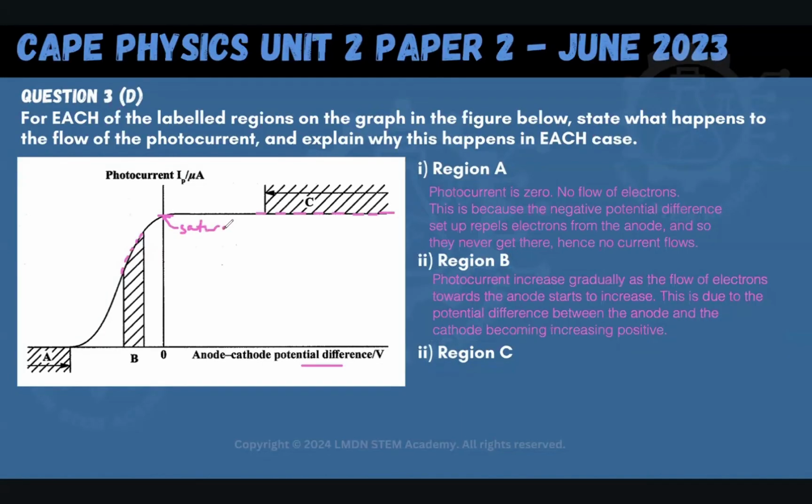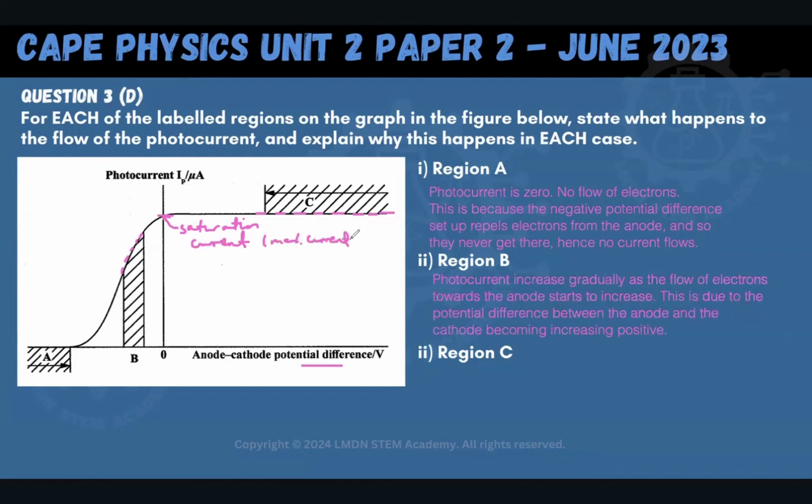We're never going to get higher than that current at this particular frequency at least, and this particular intensity at least, which we've already fixed. So this is a saturation current that we're seeing here. It maxed out, and so we have to explain that.